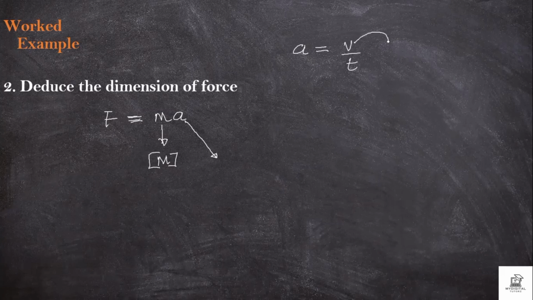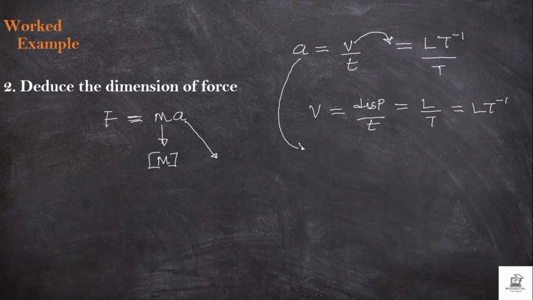Now, velocity also, you don't have a single dimension. You need to get it from the combination of another physical quantity, which is displacement all over time. Now you have displacement to be L and time to be T, which gives LT minus 1. So for acceleration, velocity is now LT minus 1 all over T, which is capital letter T.